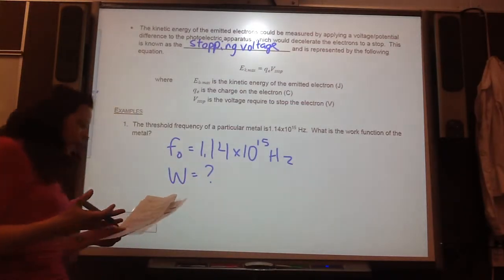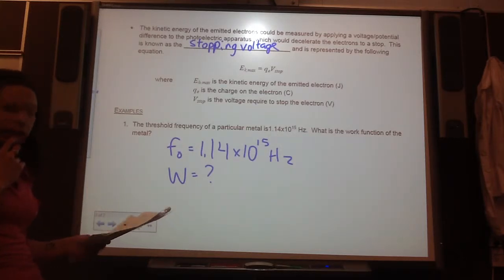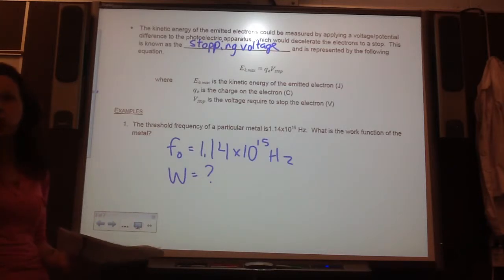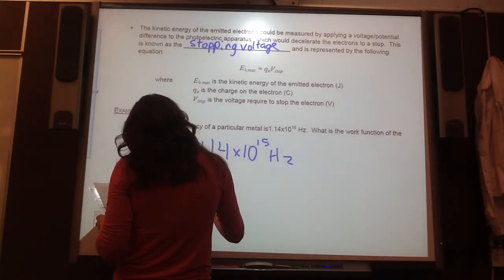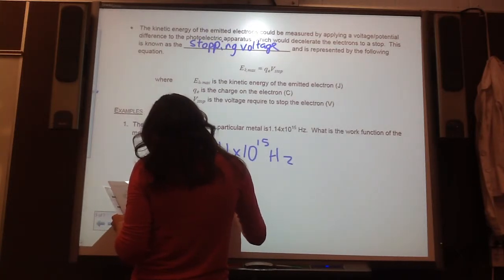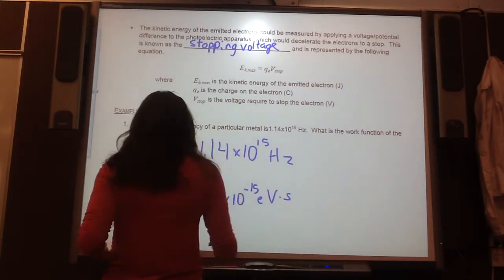You can pick either H. It just determines if your answer is in joules or eV. So say I pick H is equal to 4.14 times 10 to the negative 15 eV times seconds.